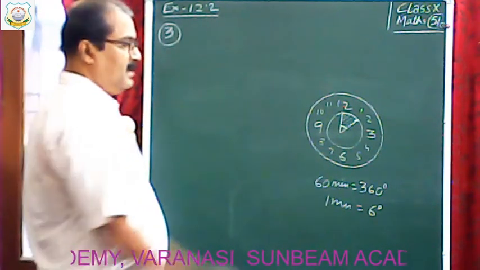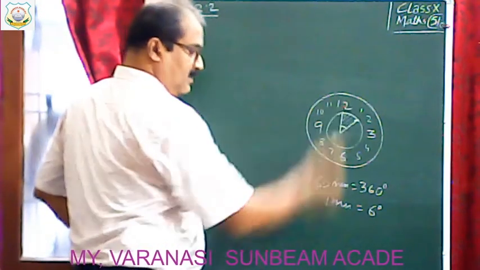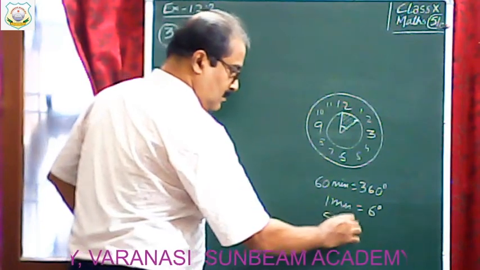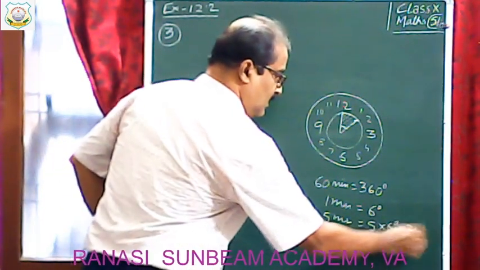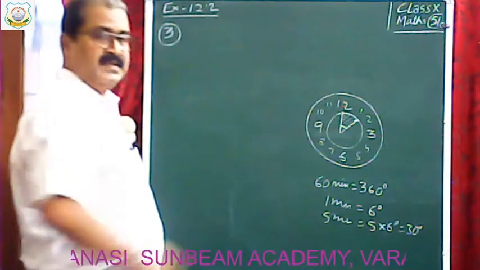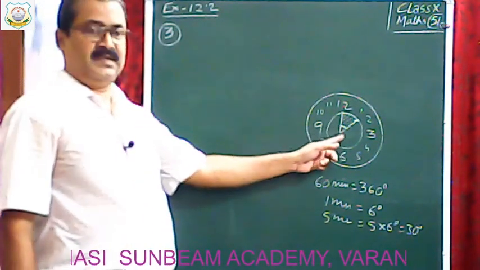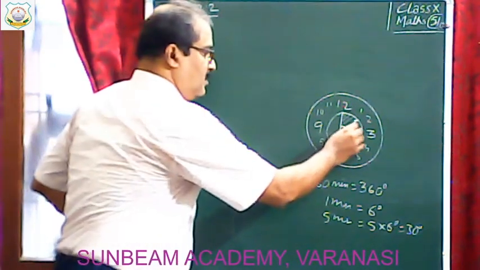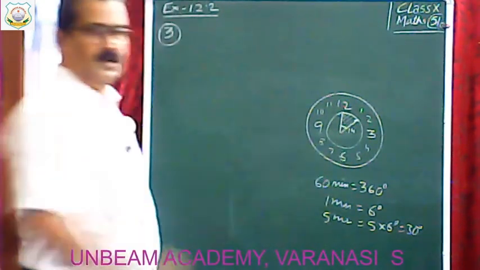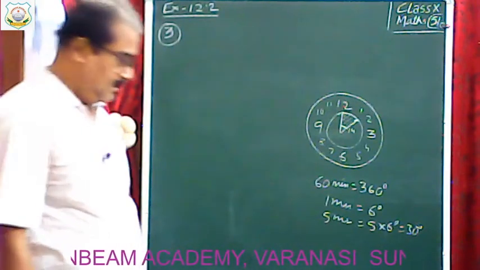In 5 minutes, 5 into 6 degree, that is 30 degree. So in this way, you find the central angle of the sector formed, and the length of minute hand, 14 centimeters, is the radius of the sector.